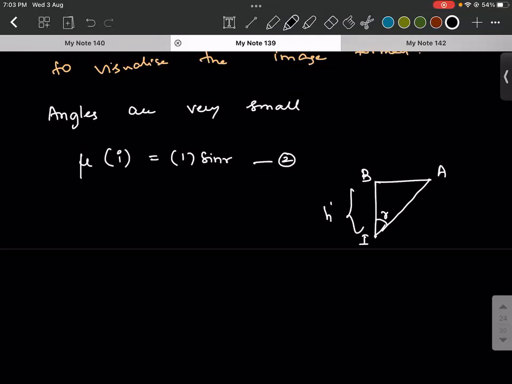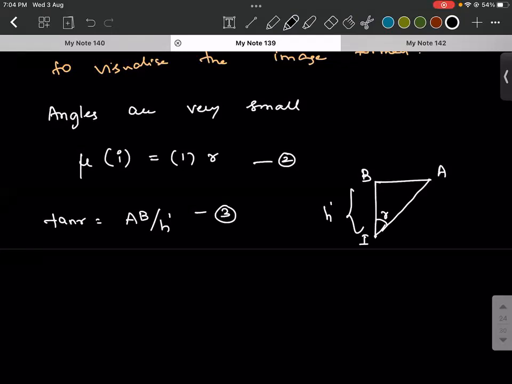So I can think of tan here, where I can say tan R will be equal to AB divided by H dash. I'll call it equation number 3.